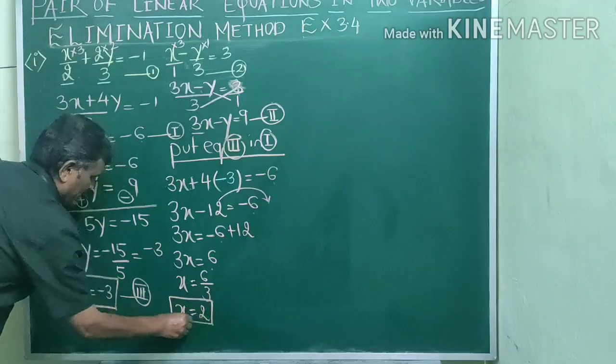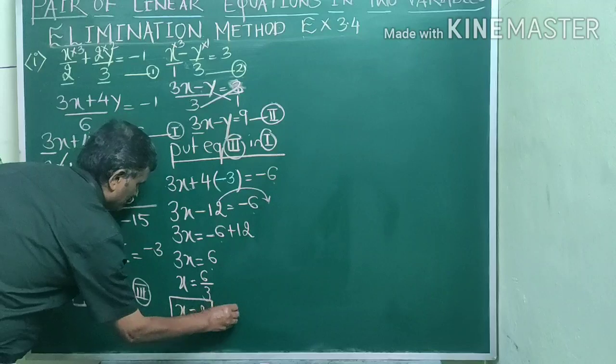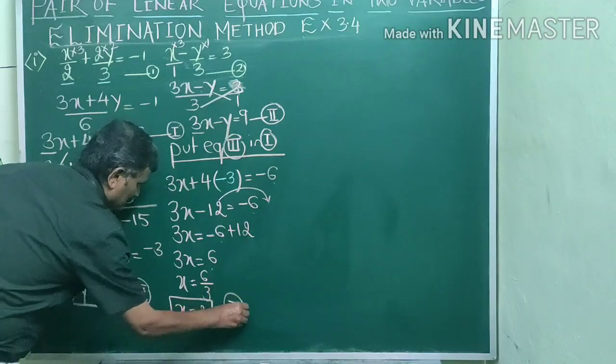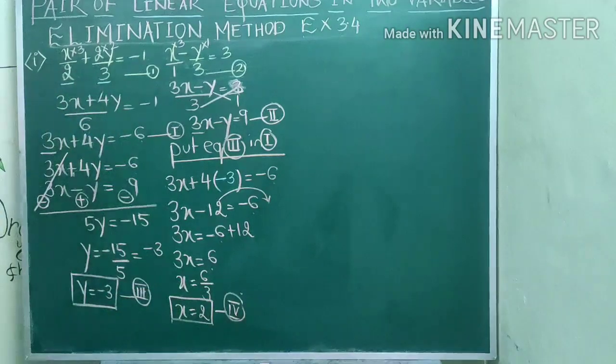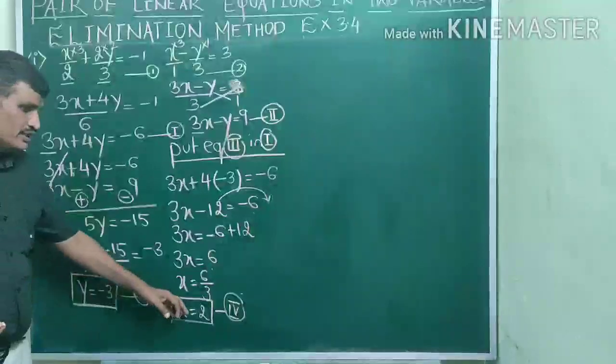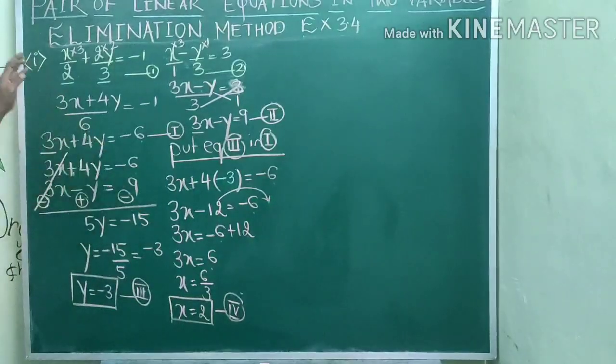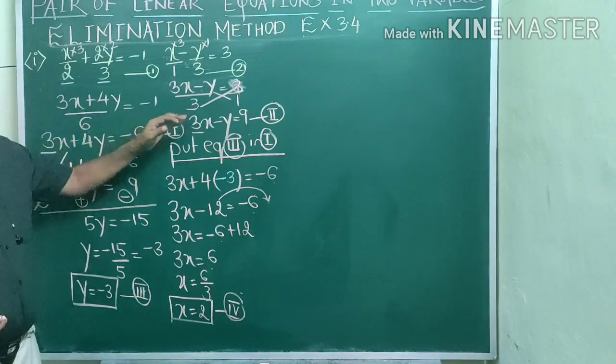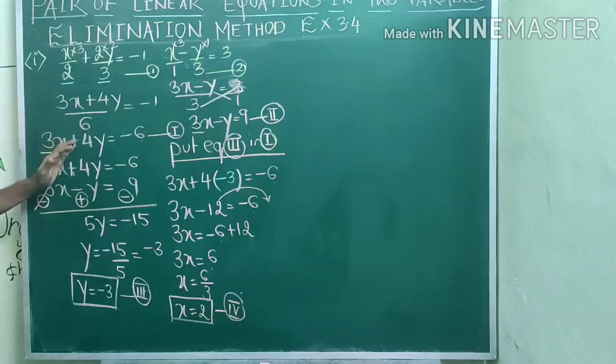This I would like to call equation number 4. So children, I got here the two values of x and y which satisfy the given equation. Now, this is the first method that I have solved.